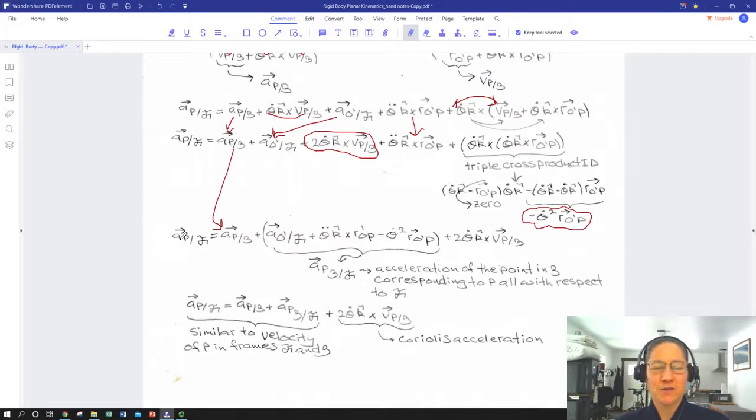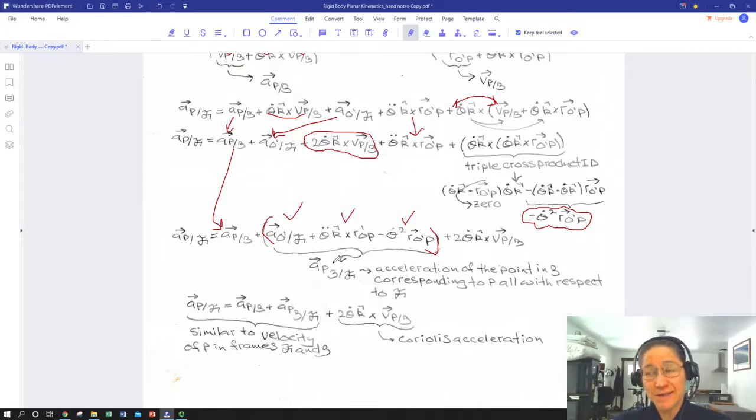So we've got basically the full acceleration of P with respect to F equals the acceleration of P with respect to its B reference frame plus this big long expression, which basically is a way of again expressing the acceleration of reference frame B with respect to reference frame F tagged to point P. So if we look at point P as the point at which we're evaluating all of this, that whole expression, this term, this cross product minus this scalar product, is going to equal the relative acceleration of B and F, B with respect to F, from the standpoint of point P.